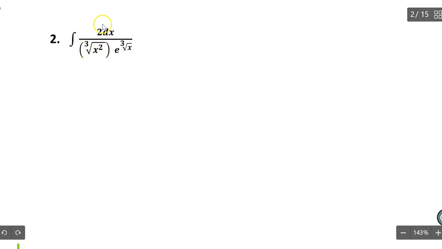So if you just apply the fast rule that I just showed you, that means you let u equal to the exponent of e. Right after you let u equal to the exponent of e, you have to differentiate, right?